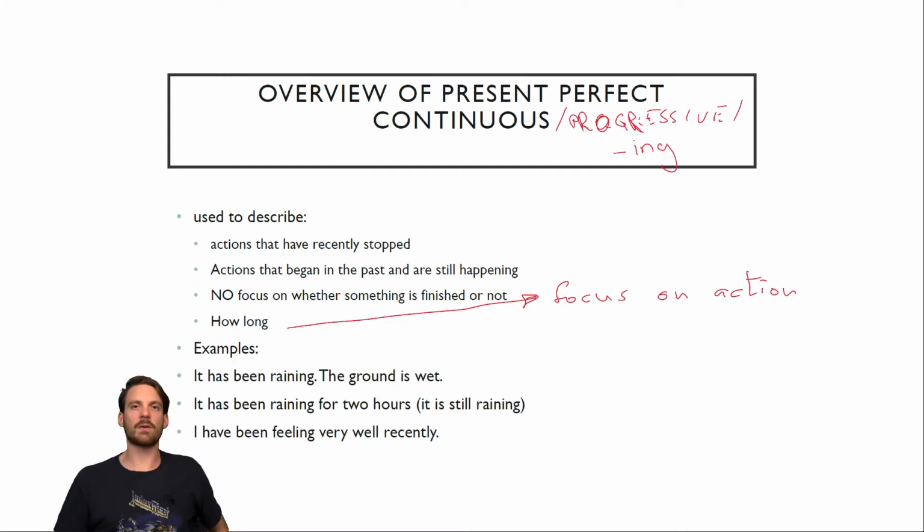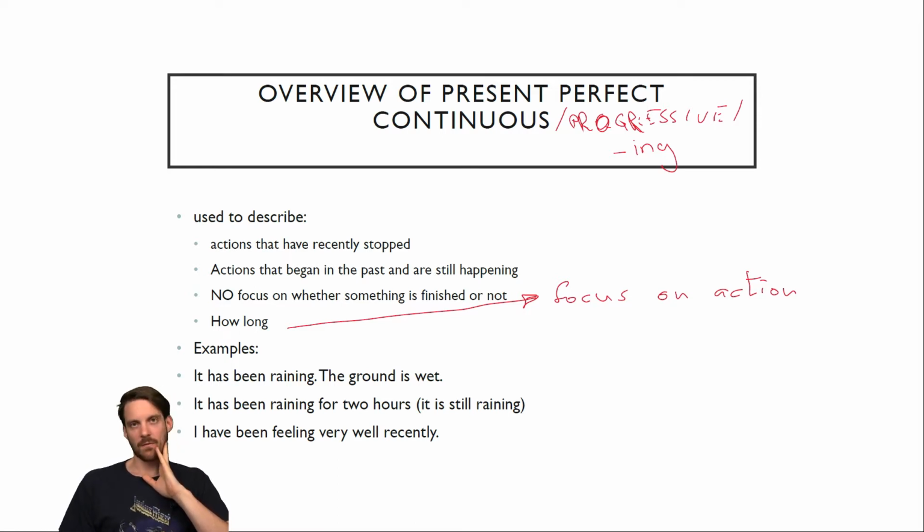And why do we focus on the action? Since it's the progressive aspect. As we discussed in the beginning of the streams, the progressive focuses on the action. So it has been raining. Focus on the action. The ground is still wet. Of course in this case it's not raining anymore.